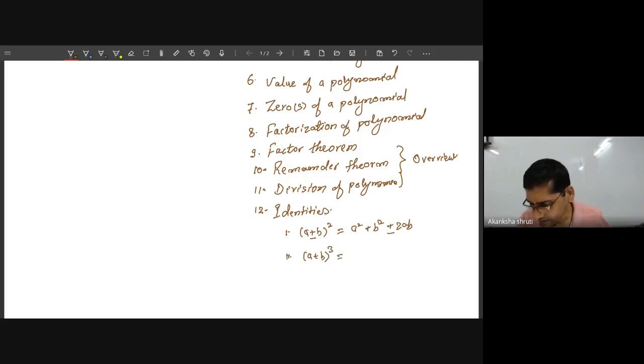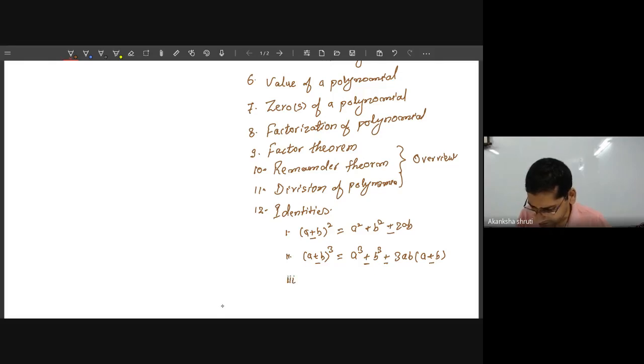It is given by a cube plus b cube plus 3ab, which is outside, and inside the bracket it is again a plus b. If there is a negative sign, then this cube term and this term will get negated, means b has to be replaced by minus b. Ultimately this term becomes negated, this term becomes negated. Ultimately you will get it in a different form. More detail we will learn at the respective topic.